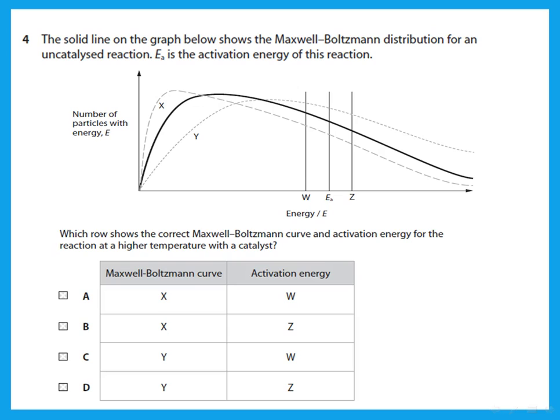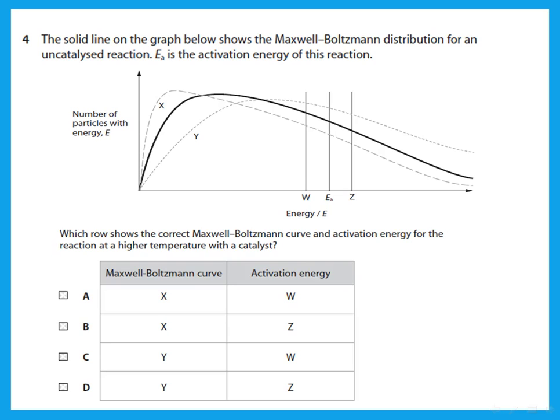First of all, if my solid line is my original graph, now when I increase the temperature, will it be X or Y? Remember that when we increase the temperature, the graph shifts to the right and the maximum is lower. So actually it is Y when I have higher temperature.